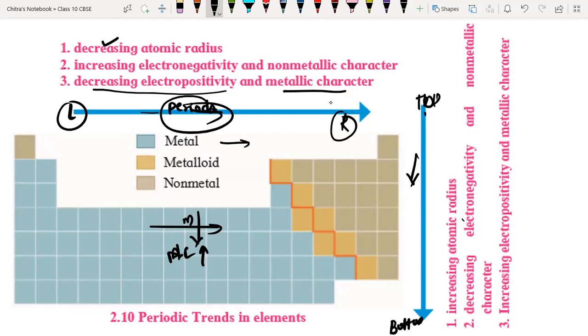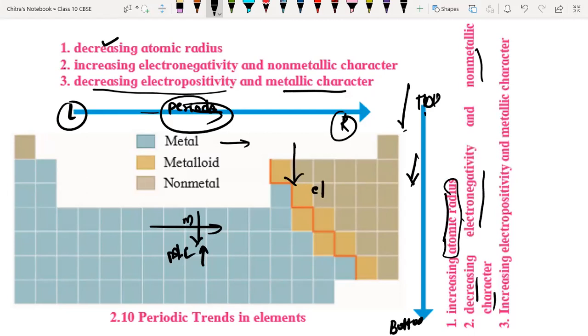And for groups now. As we are moving top to bottom, atomic size increases. Due to the increase in atomic size, the force of attraction between the electrons of the outermost shell and the nucleus decreases. Next, decrease in electronegativity.